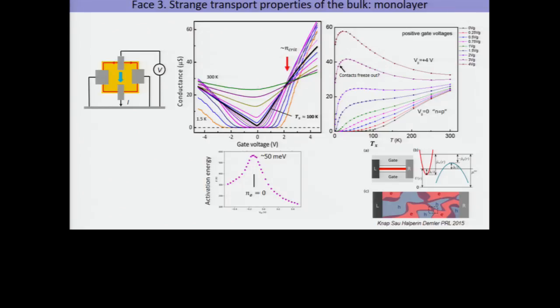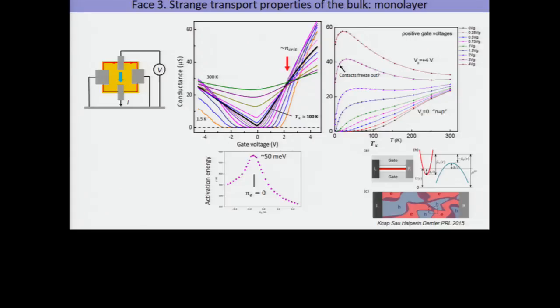It's right at the uncompensated point in this material. As you cool further, it becomes gapped. We can actually measure activation below this critical temperature of 100 Kelvin, and we find that the gap peaks at about 50 millivolts right at that point, which is not that far off kT, well, actually, it's larger than this.